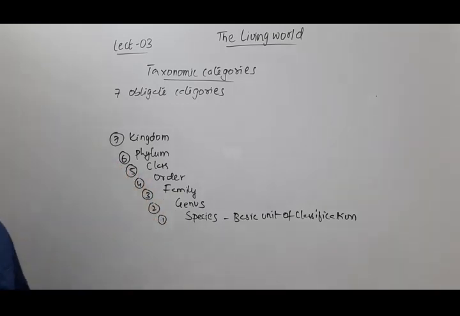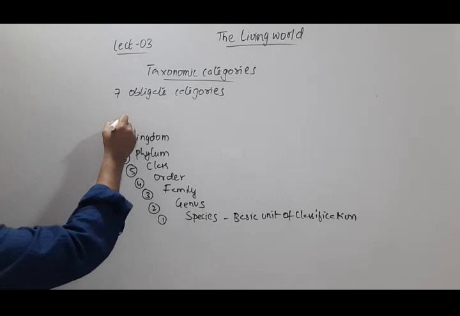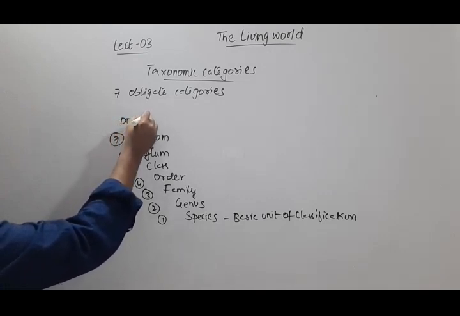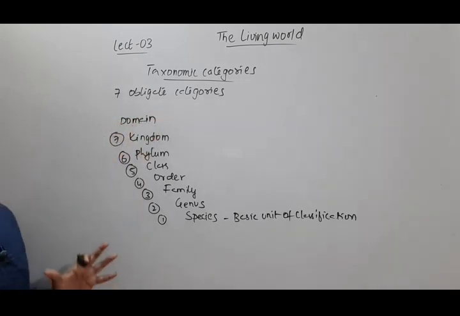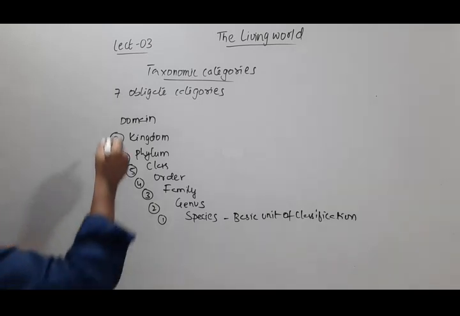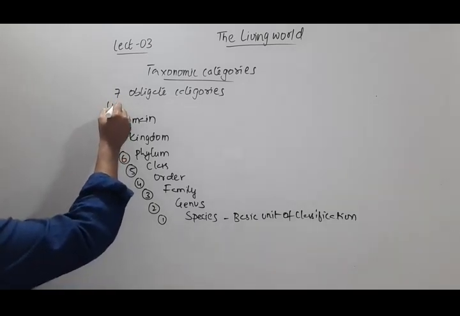Of course, the latest classifications have included a few more categories, like above this you may find domain. We will see later that there is a three domain system. And then lastly life.